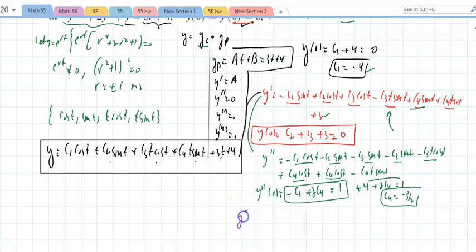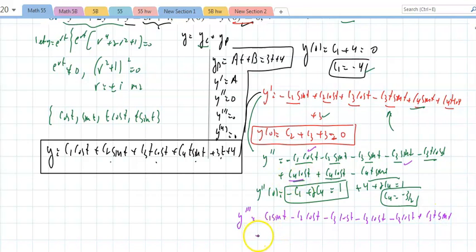If I take the third derivative, that is c sub 1 sine of t minus c sub 2 cosine of t minus c sub 3 cosine of t, minus c sub 3 cosine of t, minus c sub 3 cosine of t plus c sub 3 t sine of t.